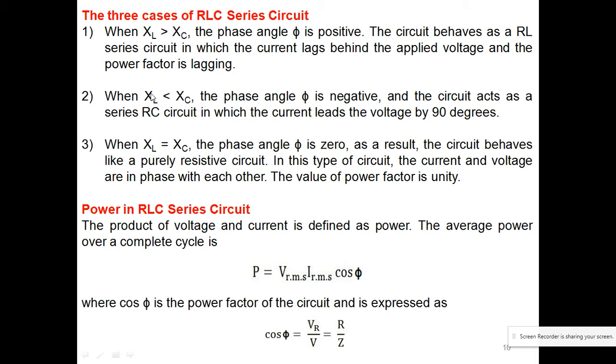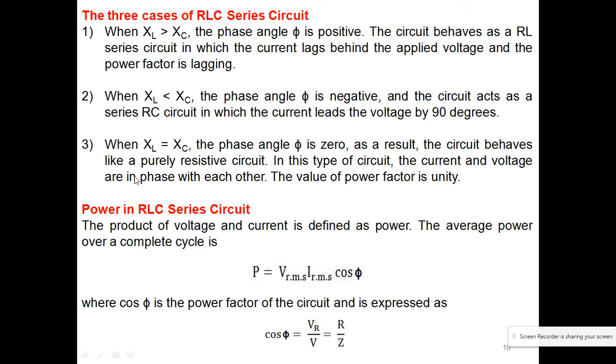If XL is less than XC, it means this becomes negative, and in this case the circuit acts as a series RC circuit, in which the current leads the voltage. We have seen that, and in that condition our power factor is a leading power factor.